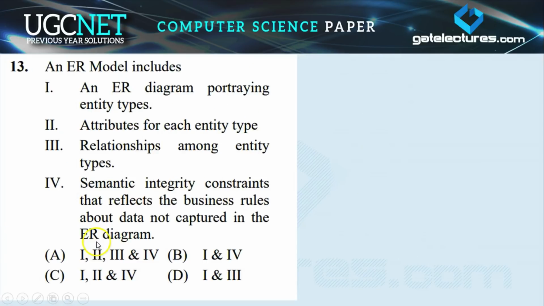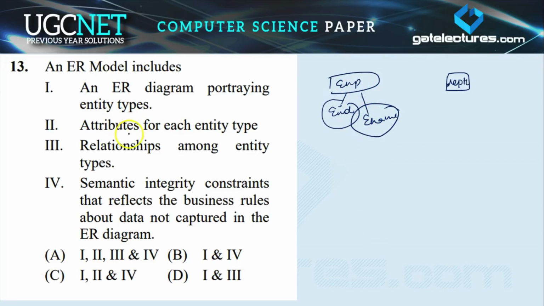Okay. So question number 13 is, ER model includes what? So first is ER diagram portraying entity types. So any entities like employee, department, all entities are portrayed by ER diagrams. Attributes of each entity type like employee ID, employee name are also represented by ER models.